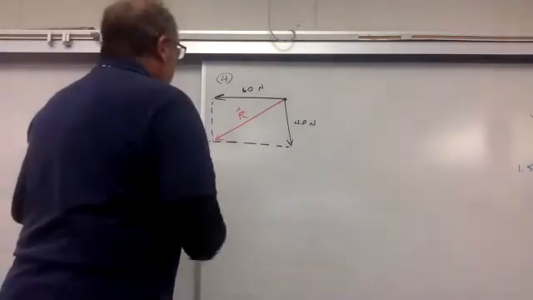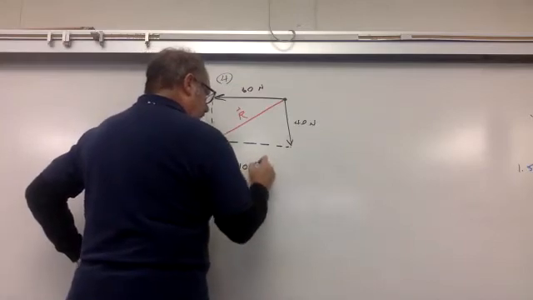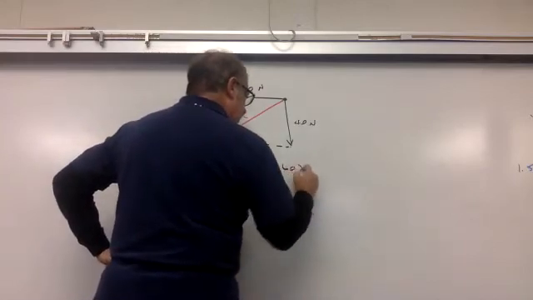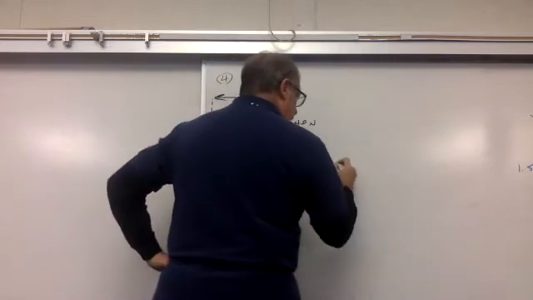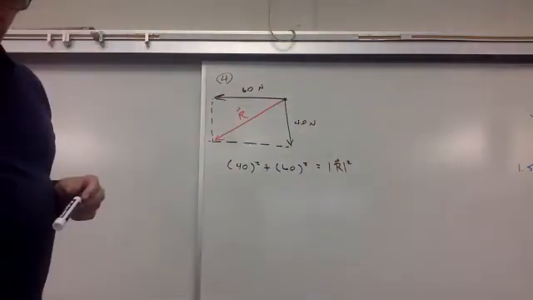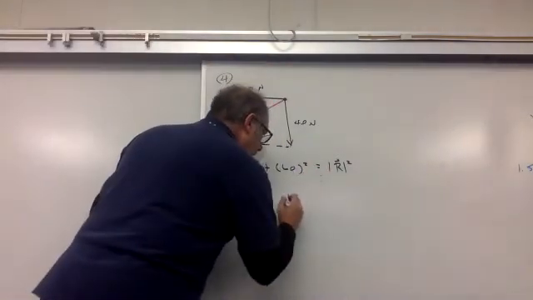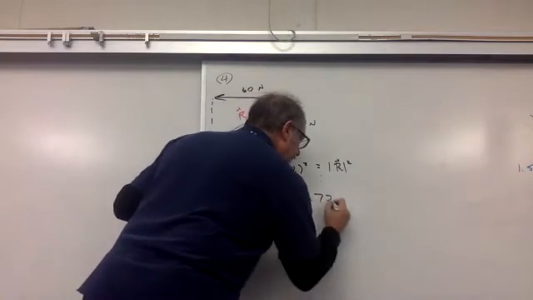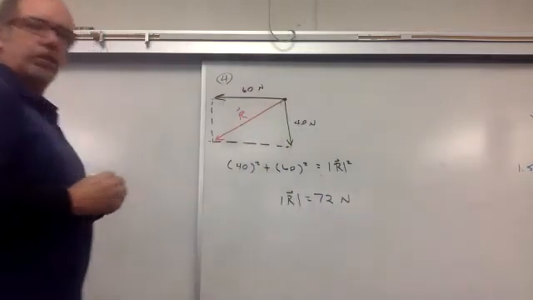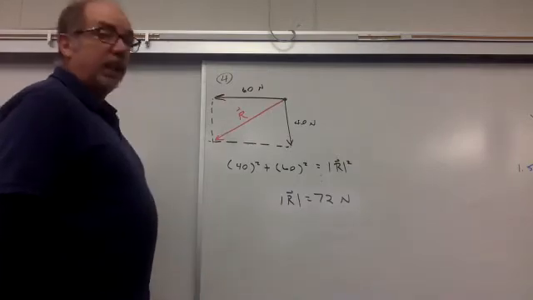Magnitude can be found by Pythagoras: 40 squared plus 60 squared equals the magnitude of R squared. Rolling through the math, you should get 72 newtons.